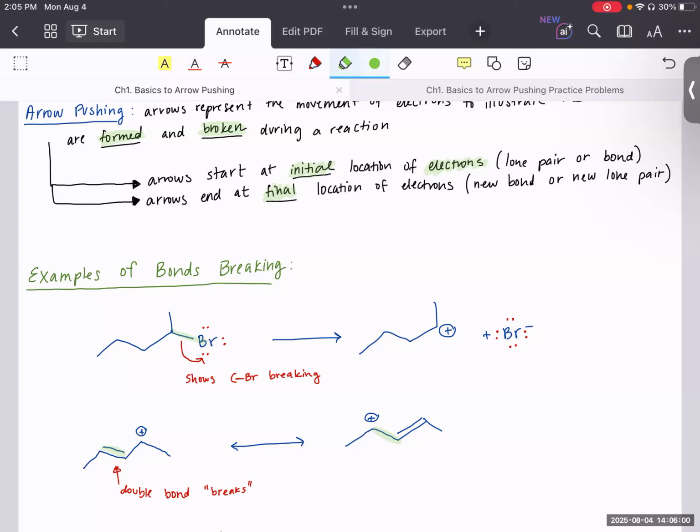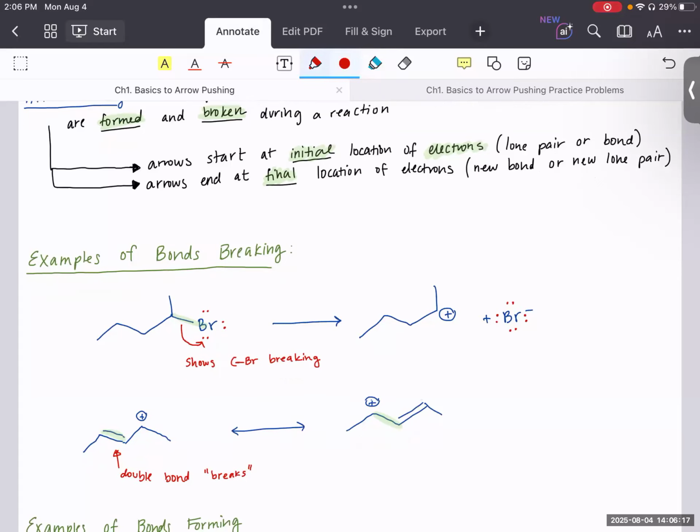And then we can also see that the new electrons ended up where this blue double bond is. So initially we didn't have a bond there. We only had a single bond, but we ended up with a double bond. And so those 2 electrons that were initially in that green bond end up where that new double bond is formed. And to show the movement of this, we would start at the bond that broke, and then we would draw the arrow to where they end up, which is going to be between those 2 carbon atoms to form that new double bond.